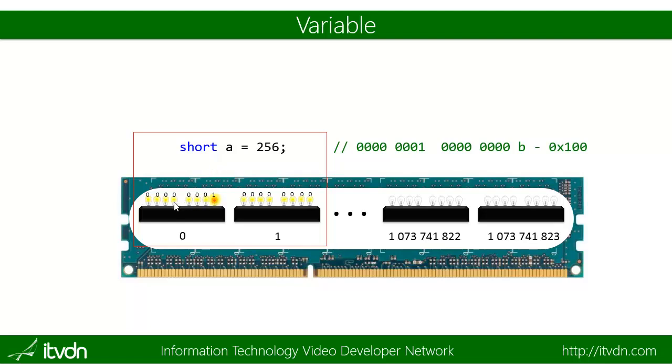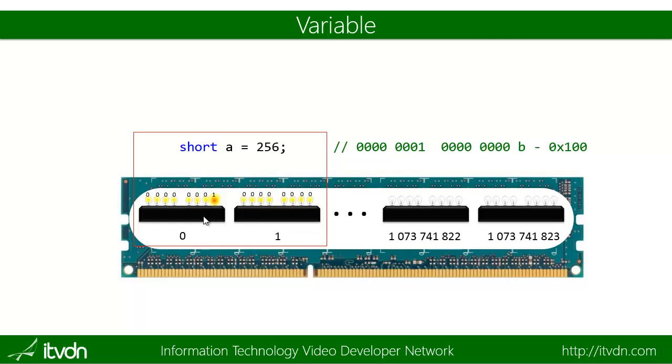So here we have 2 bytes holding 256. This is the code for 256 and it's in the binary format. In the hex format, it looks like this: 0x, you remember the prefix 0x, and 100. This is just an example. It doesn't have to be stored somewhere specific. The computer decides where it's stored, not you.